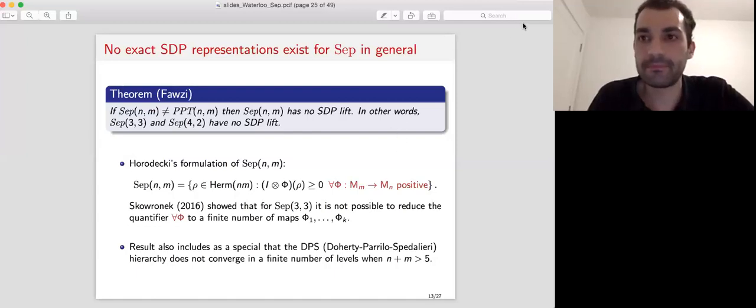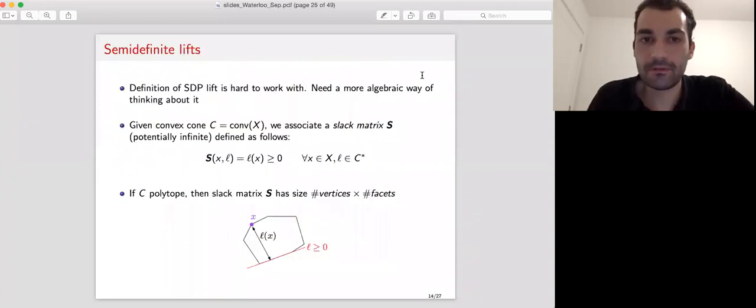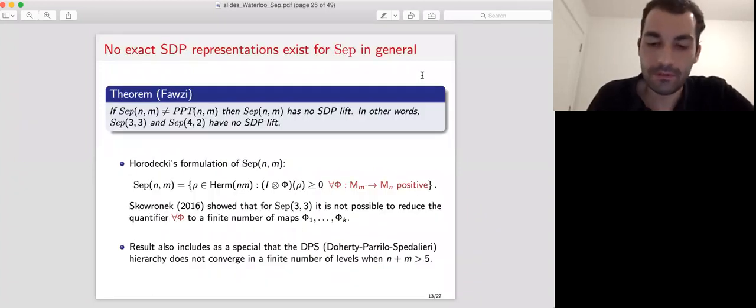I was wondering about these polynomials that show that when n plus m is greater than or equal to 5, the two sets are distinct. Do these polynomials imply a bound entangled state that one can write down?